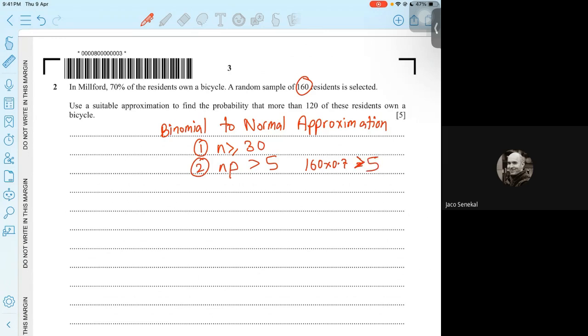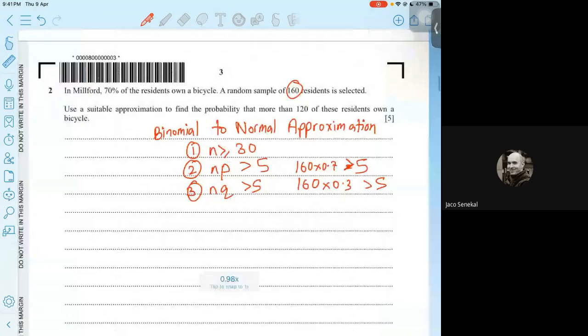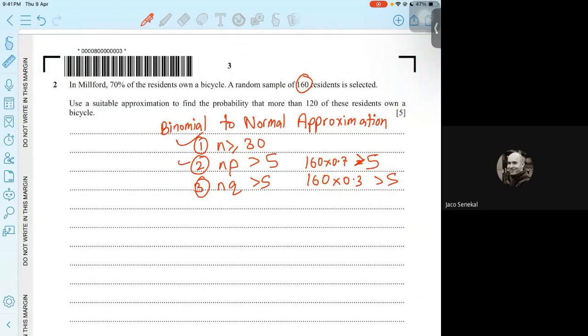And thirdly, the requirement was nq has to be greater than 5 as well. So again, 160 into 0.3, that is also greater than 5. If I'm not wrong, let me just check. It should be greater than 5, yeah. Since all 3 of these pass, that means it has to be a binomial to normal approximation.